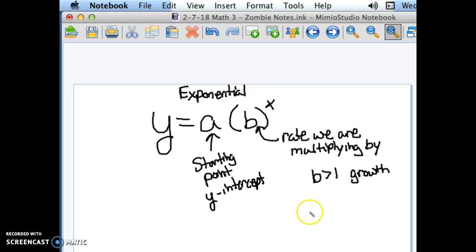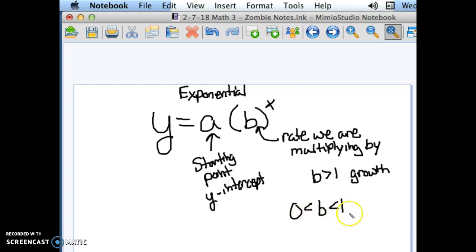What do you think is going to happen if that number is less than 1? We've heard of decay, right? Exponential decay. We normally can't have a negative b; it is either going to be greater than 1 or in between 0 and 1.